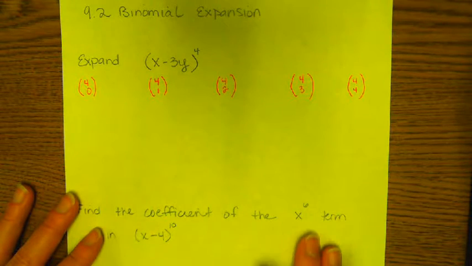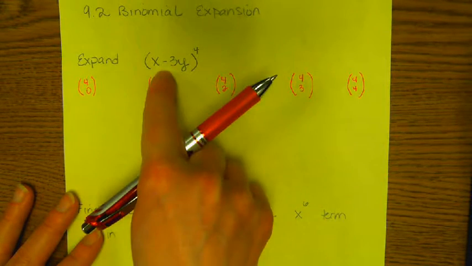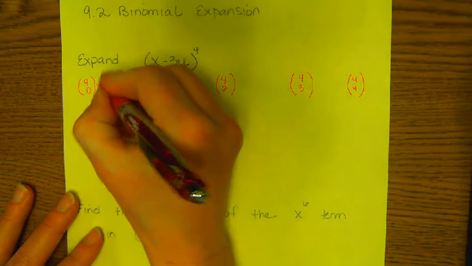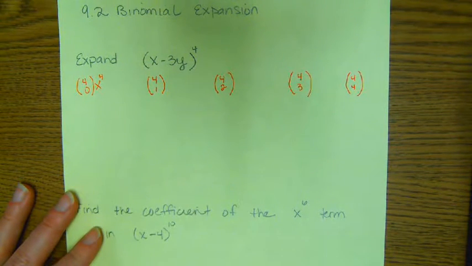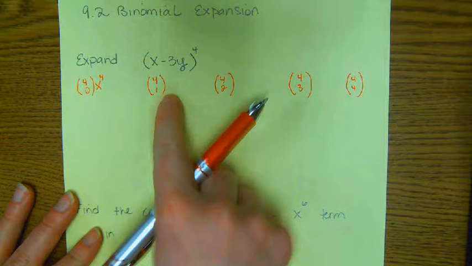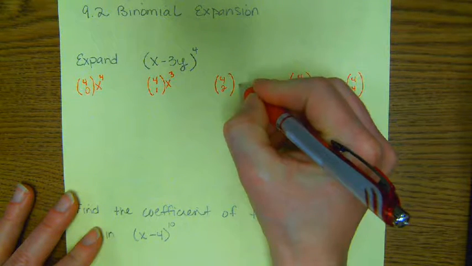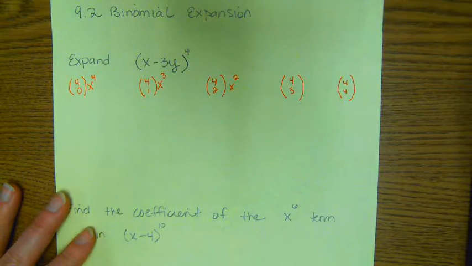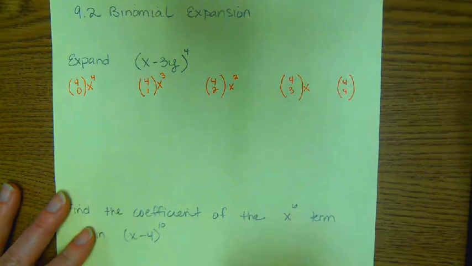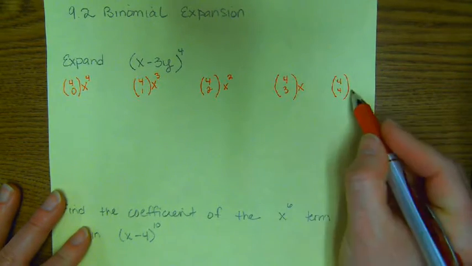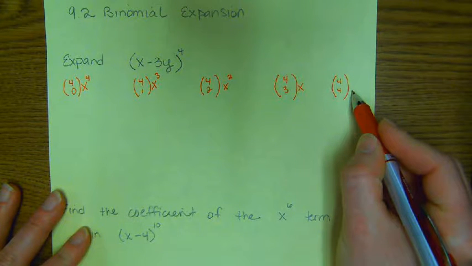Then, let's fill this in. This would be x to the 4th. What would go here? X to the 3rd. X to the 2nd. Just an x to the 1st. And this is technically x to the 0, but we don't need to write it.